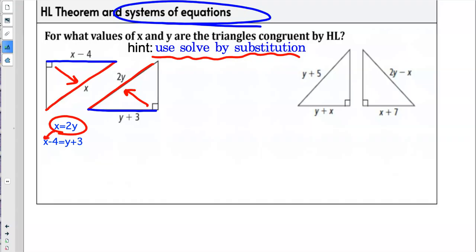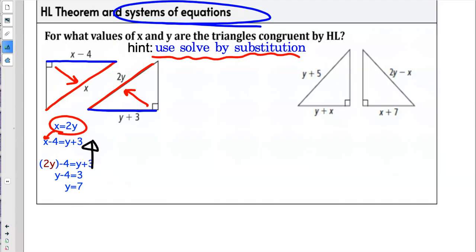I got my 2y in there. Then I evaluate. So I've got 2y minus y, which is y, minus 4, is equal to 3. And I'm just going to make sure people see what I did. I had a y there. I subtracted from over here, and I have y minus 4 equals 3. I am now going to add 4 to both sides. So y is equal to 7. So I fully know y is 7.